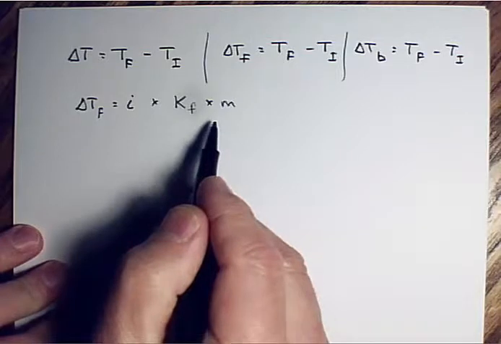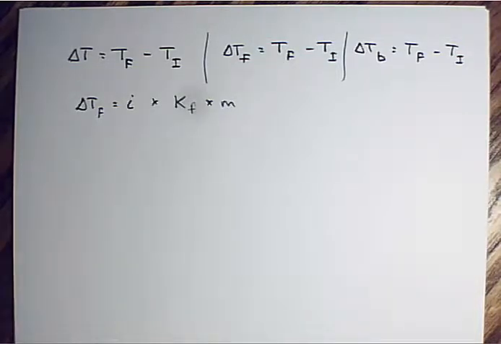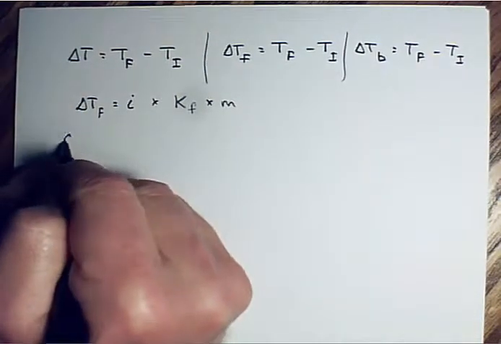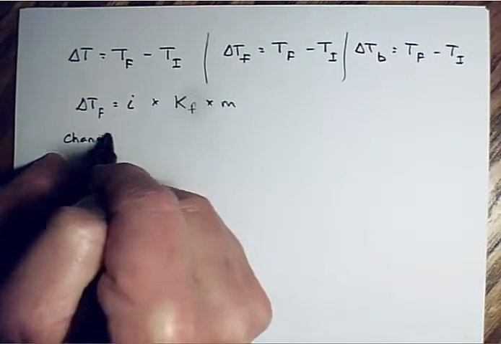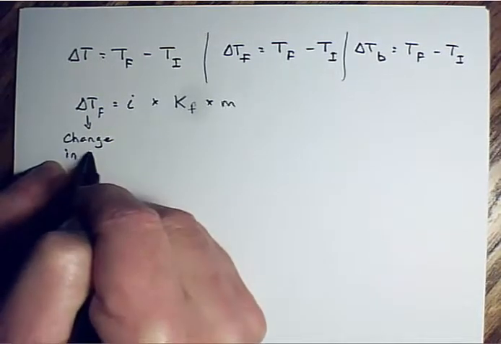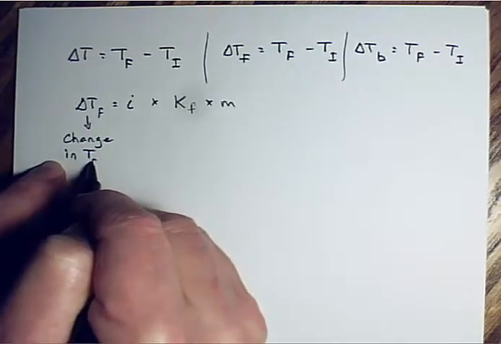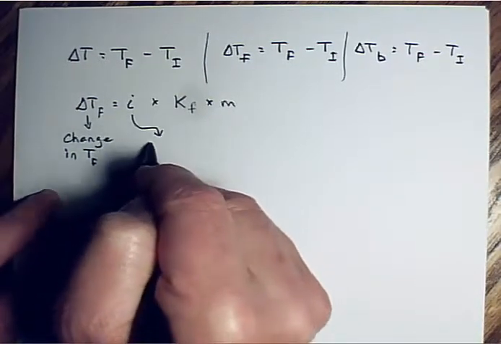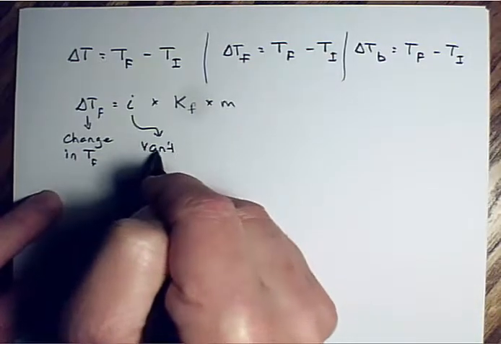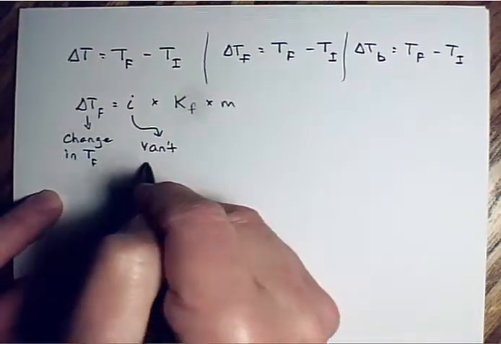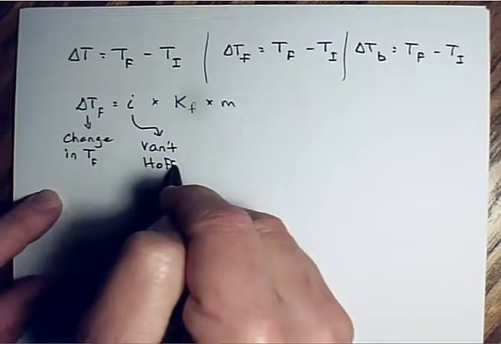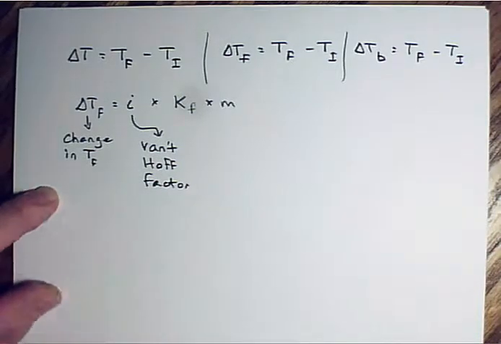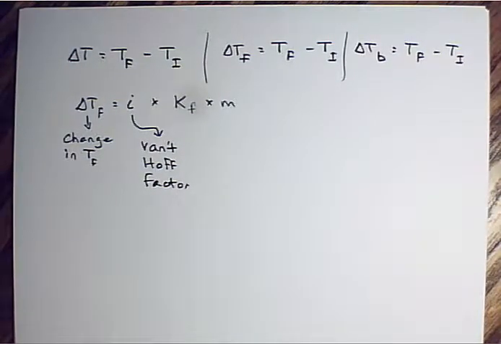Okay? And this is the molar concentration. So, this is our change in freezing temperature. This is called the van't Hoff factor, lowercase v, capital F, van't Hoff factor.